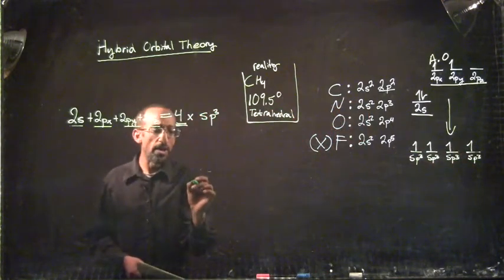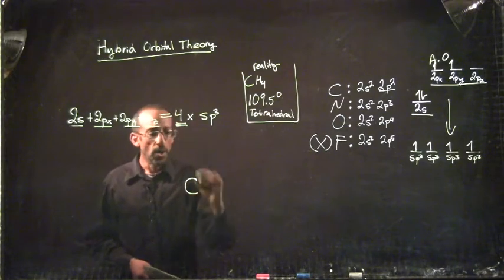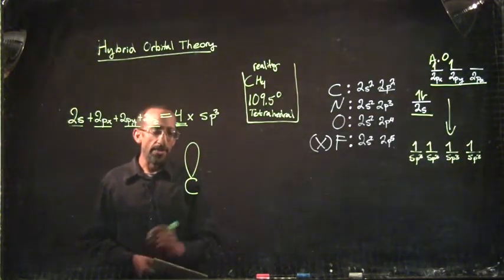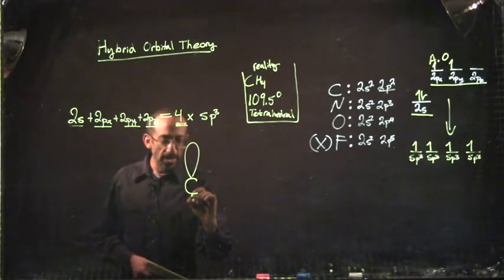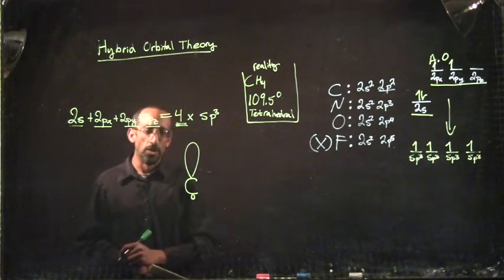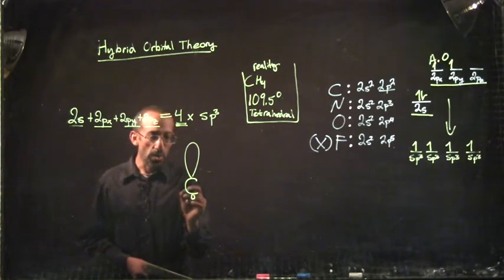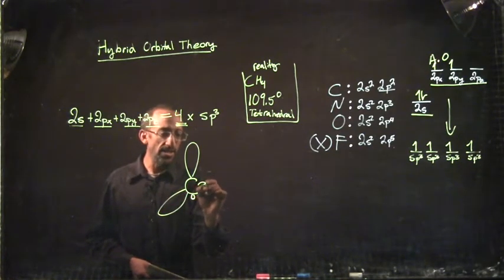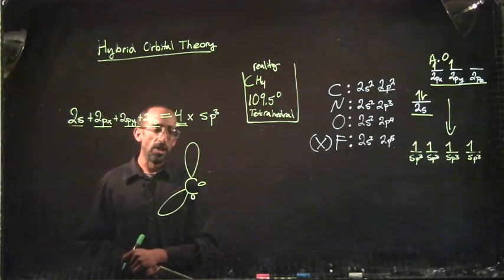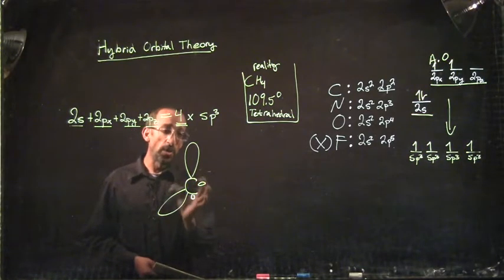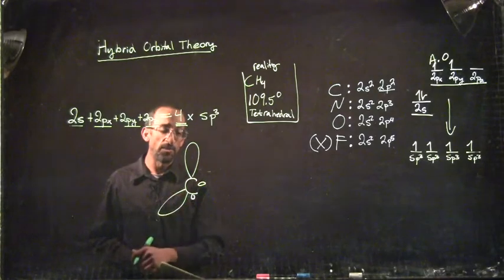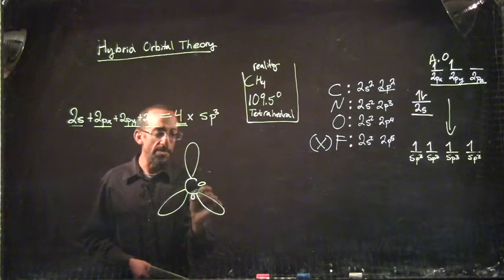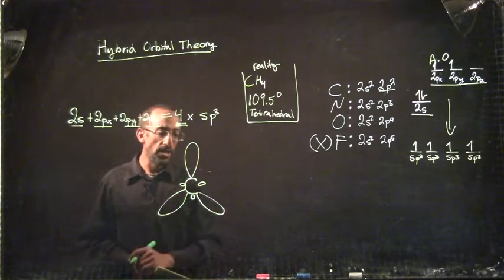So if we start with our carbon atom, we'll have 1 sp3 orbital coming out there. It will have a little tiny second lobe on the other side. We have 1 sp3 orbital coming like this, with a little tiny second lobe on the other side. Remember, that's where its p orbital character comes from, or one way we can visualize it. We'll have 1 orbital coming down like this, with a little lobe.